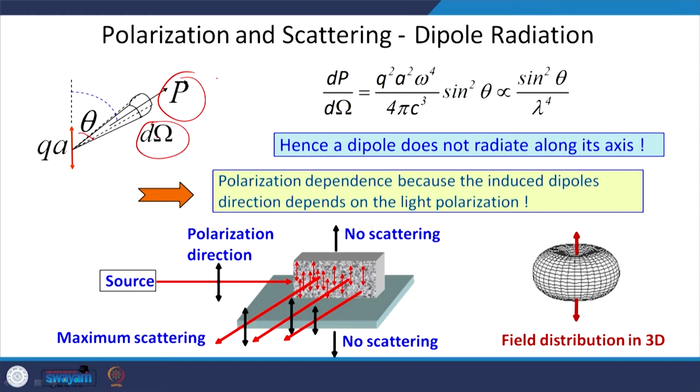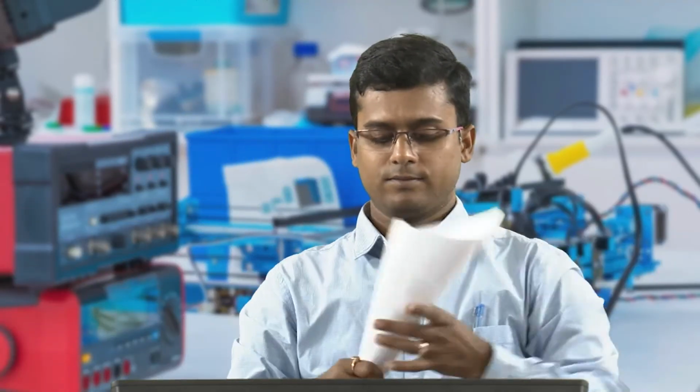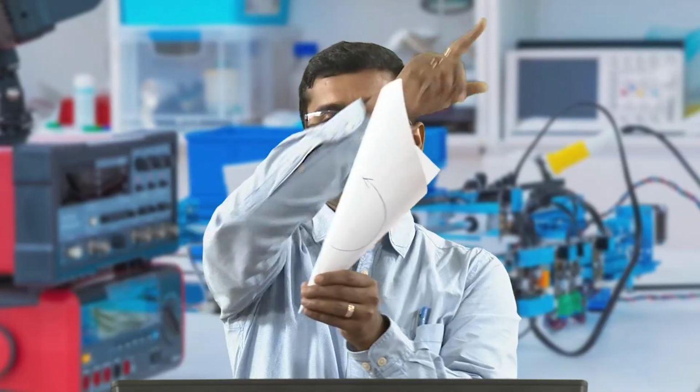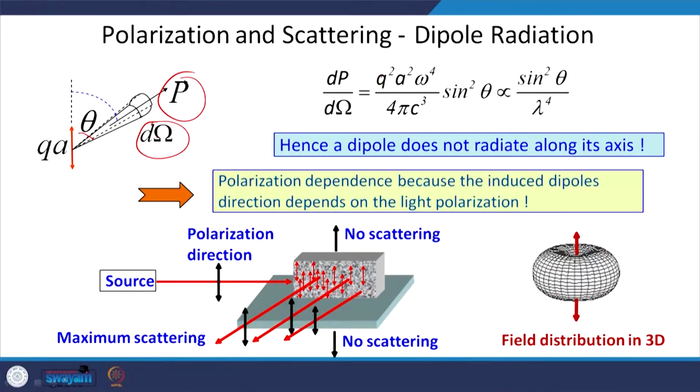Solid angle means it is like a cone. My dipole is vibrating in this direction, and at an angle theta from here I want to see how much light is coming in this cone. So, this is given by the relation dP by d omega is equal to q squared, where q is the charge, a squared, how much is the displacement.